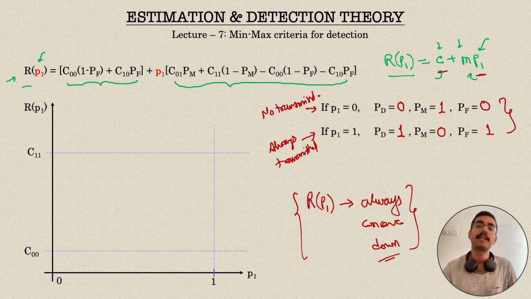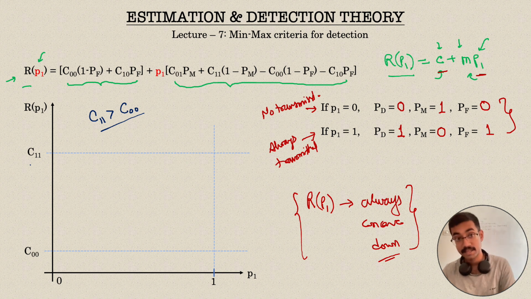As I say, with certain simplistic assumptions, things become very easy for us. Also, this is an assumption for us. Let us assume that C11 is greater than C00. For the sake of simplicity, you can have that in any order, does not matter. But in this specific case where we are assuming this in a specific way, C11 would be greater than C00.